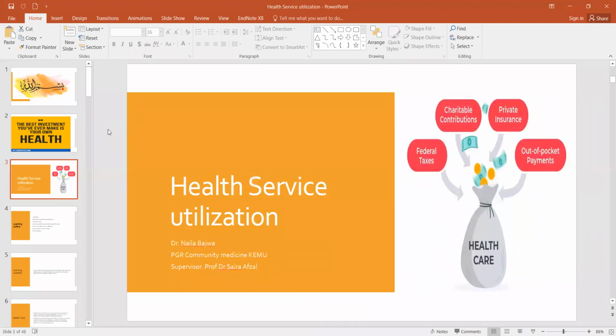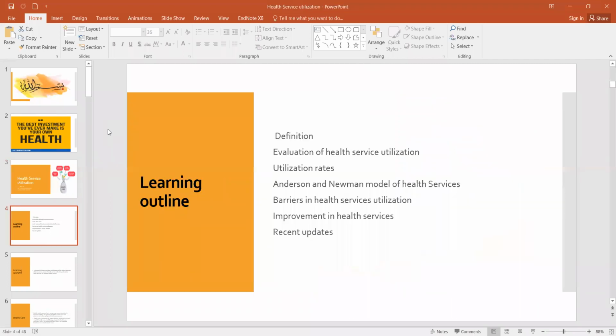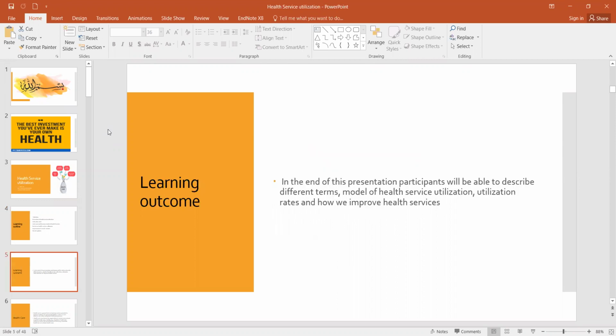The topic of my presentation is health service utilization under the kind supervision of Dr. Saira Afzal. The learning outline of my presentation is the definition of different terminologies, evaluation of health service utilization, utilization rates, Anderson and Newman model of health services, barriers in health services utilization, how we can improve health service utilization, and recent updates.